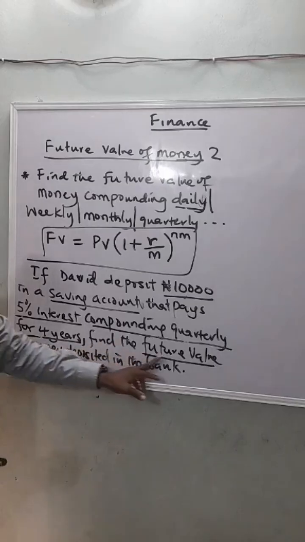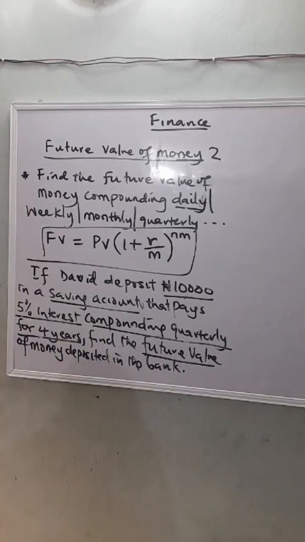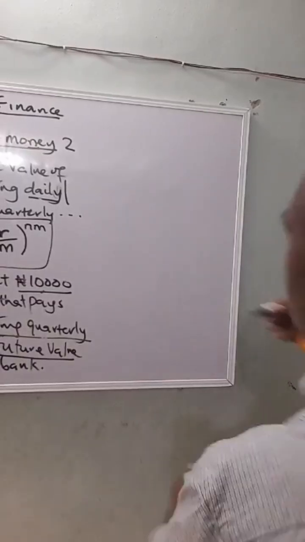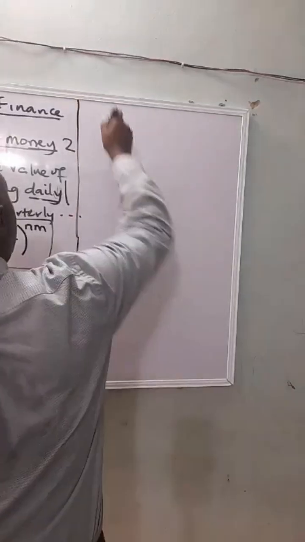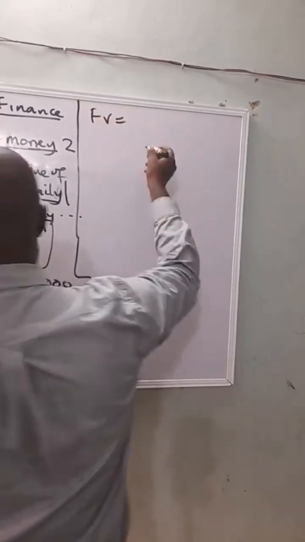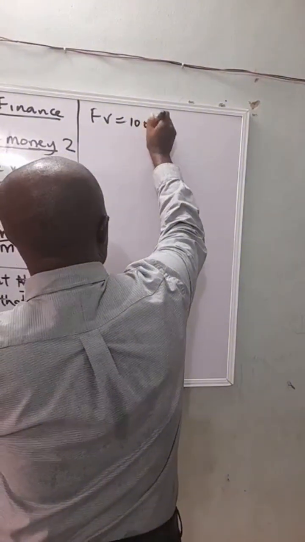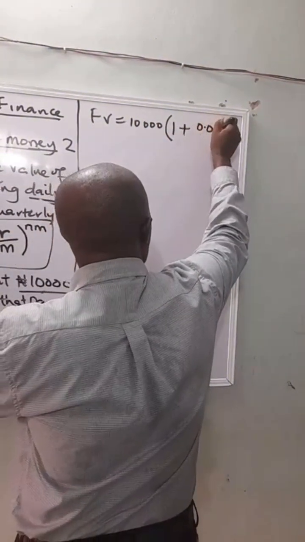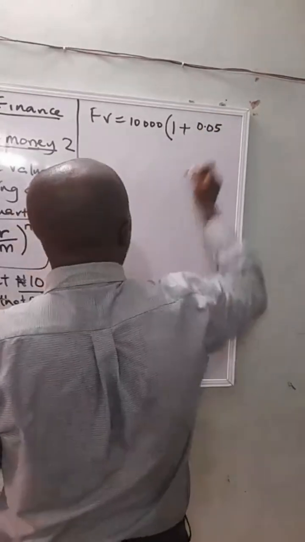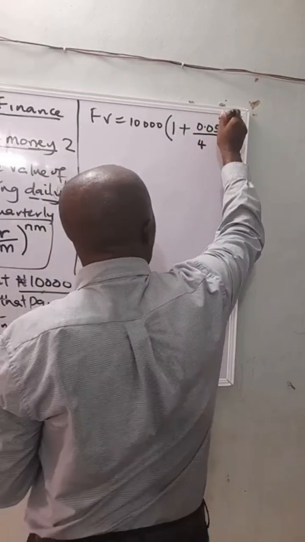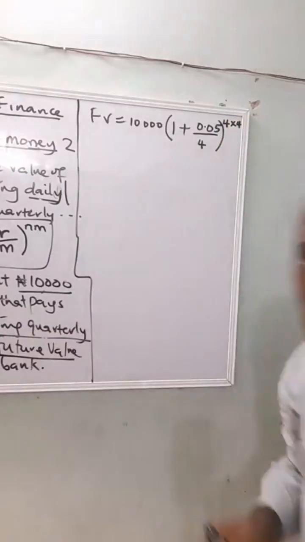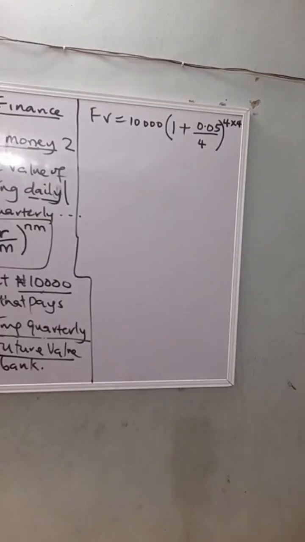So we move to this side to calculate future value. Our present value is 10,000 naira into 1 plus 0.05, because 5% is 0.05, divided by 4, raised to power 4 times 4. That will be the formula.